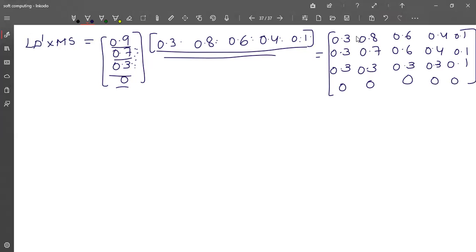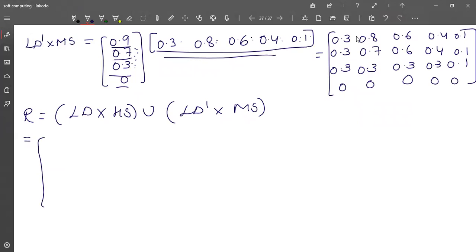Yes, done. Now we have to compute relation R. R is the cross product of long distance and high speed, union long distance complement cross product moderate speed.